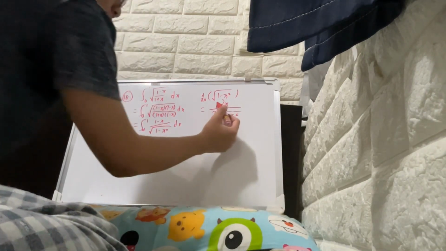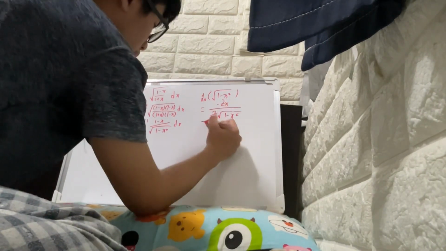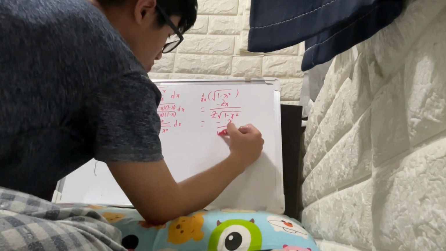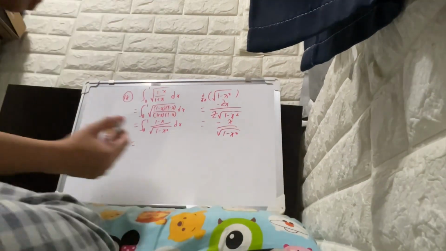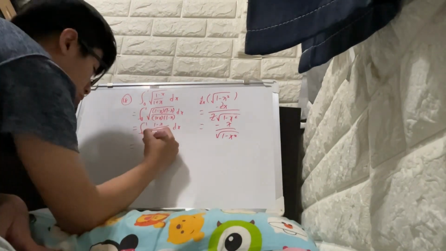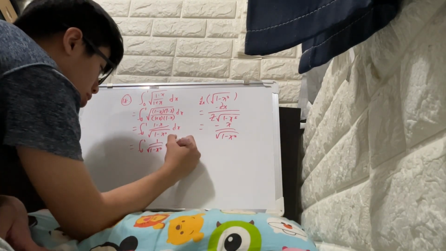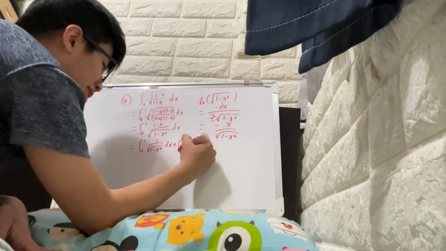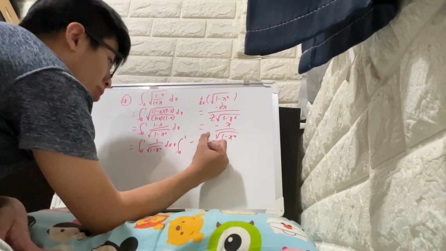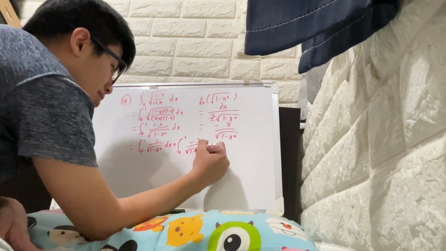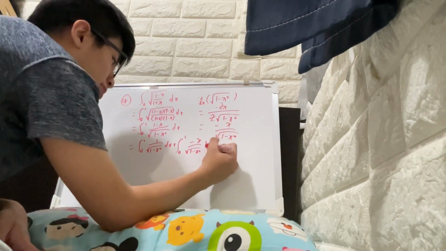Use the chain rule, you get negative 2x here, cancel each other, you get negative x over square root of 1 minus x squared. So I'm going to split it to this 1 over square root of 1 minus x squared dx, and then plus negative. Why I put a negative here? Because over you get that.